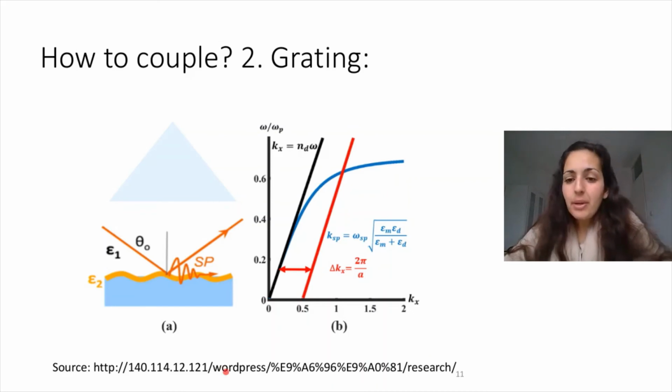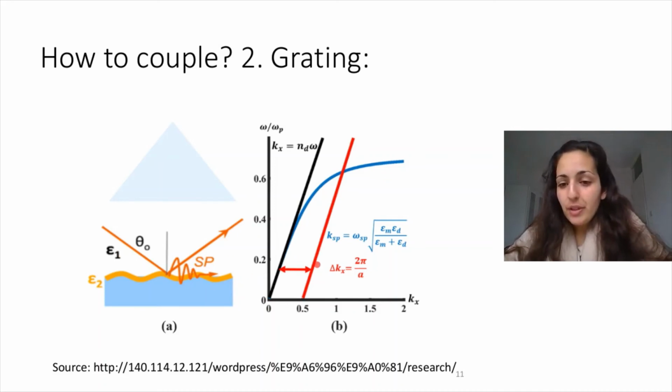The other way we can do it is by introducing some sort of texture. If we introduce a texture, something we talked about when talking about the imaging, then we are effectively introducing a periodicity, and therefore we are shifting the x component of our k vector.